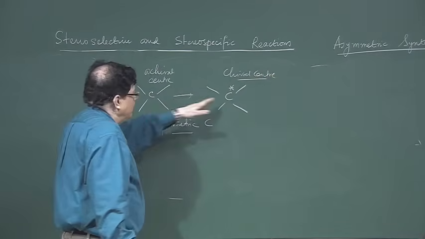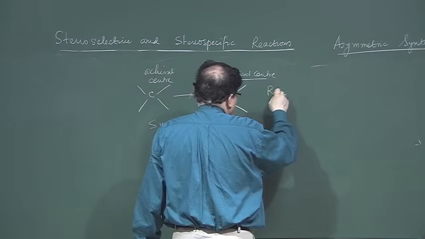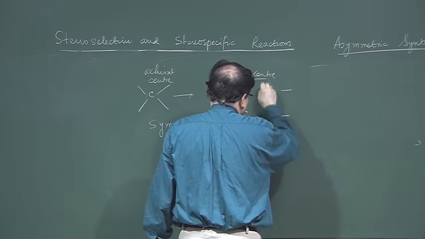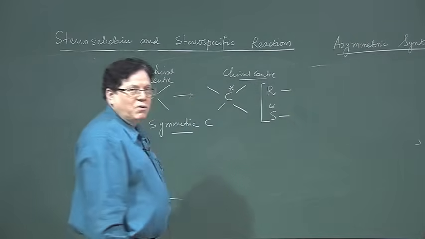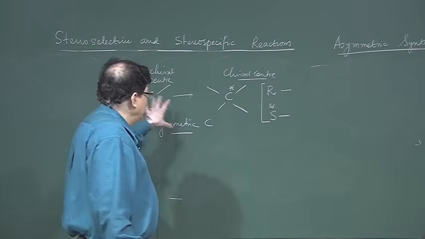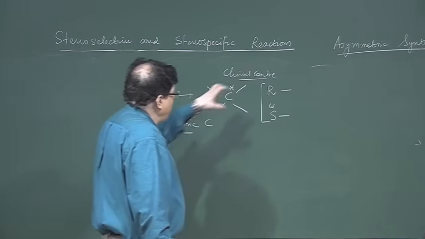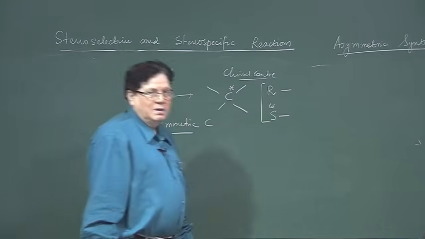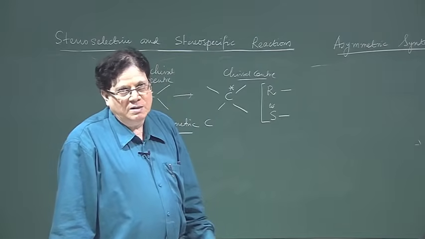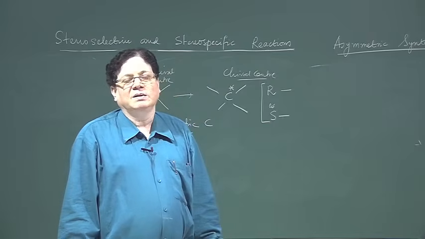Now, when you make this chiral center, there is a possibility of formation of R and S configuration, both, and usually both are formed in 50-50, that is what is expected. But if you can do it in such a way that only one of these is the sole product or the major product, then that reaction will be called an asymmetric synthesis.